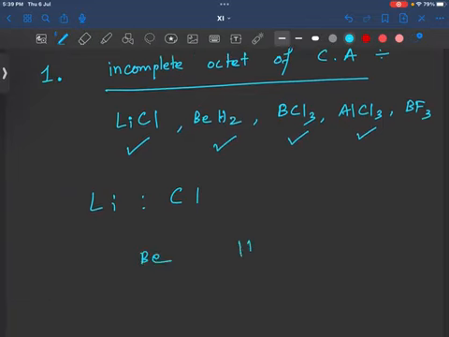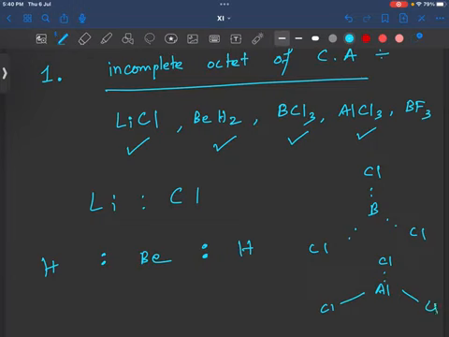In BeH2, Be with 2 dots. Beryllium has 2 valence electrons, so 2 and 2 from hydrogen. In BCl3, look: 1, 2, 3, 4, 5, 6. Same thing with AlCl3, same family, right? So none of their octets is getting completed, but still they exist. How is this possible? Okay, so read next.